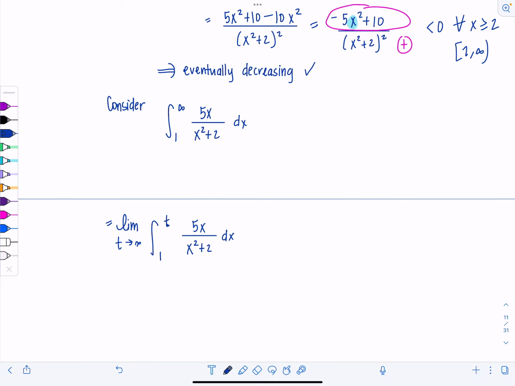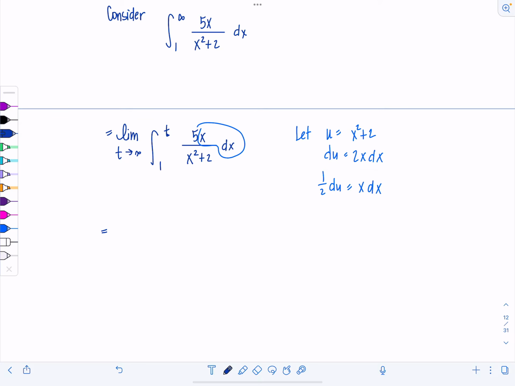And then how would you evaluate this integral? Why, yes, a u sub. Maybe you can do it in your head. If not, write it out. So if u is x squared plus 2, du would be 2x dx. So 1/2 du is x dx. And here's my x dx.